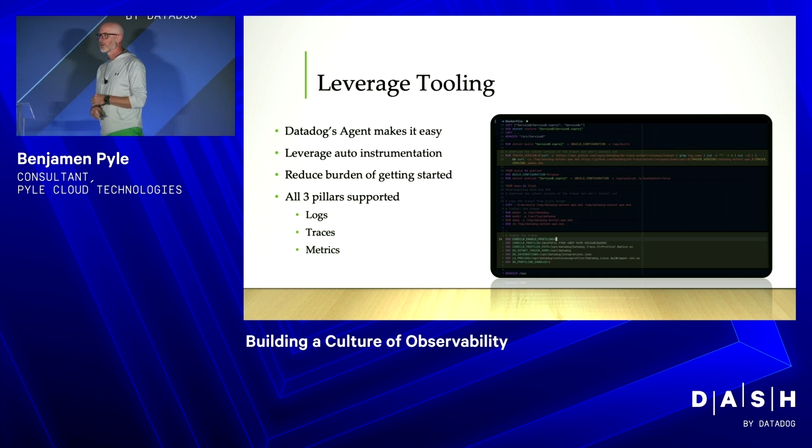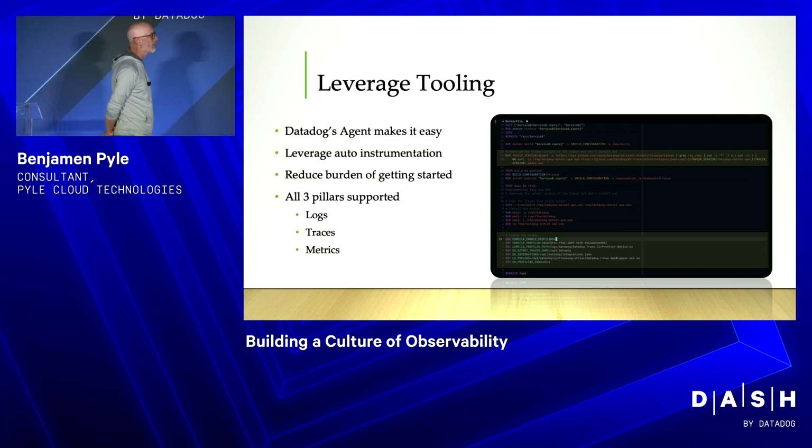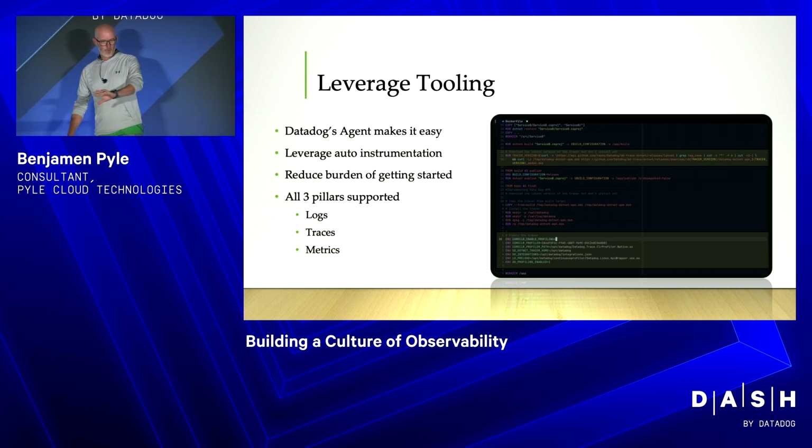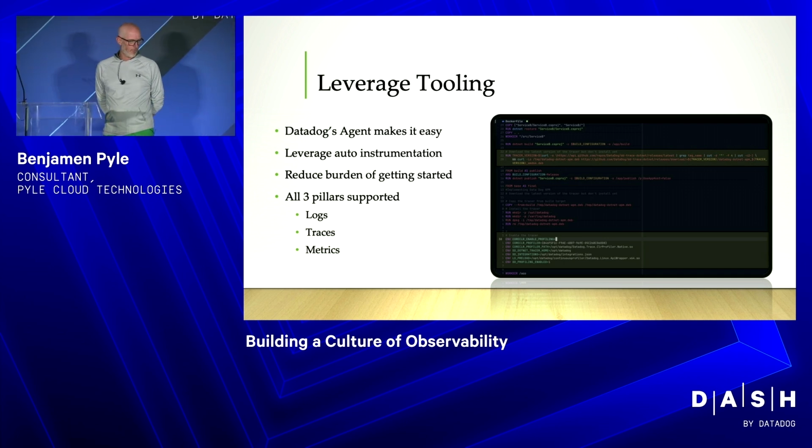I can reduce the burden of getting started on my engineering team. That's an example Dockerfile over there of how to embed it into a C# ASP.NET application. That right there will get observability covered from traces, connected services. It'll inject it for me, and I actually don't even have to write any code in my C# application.